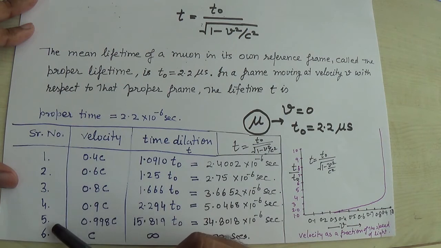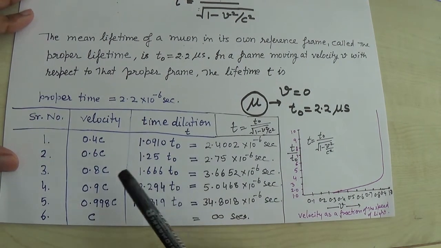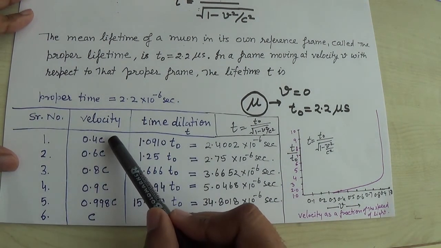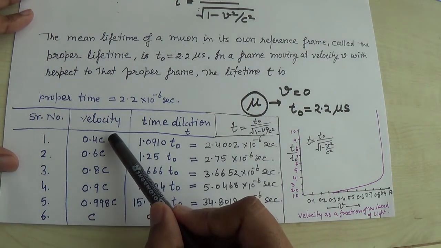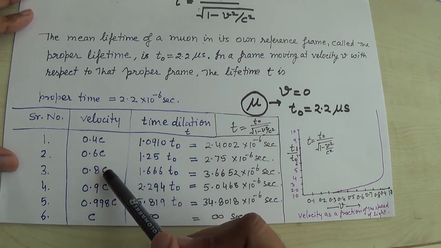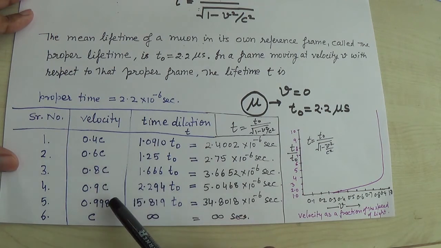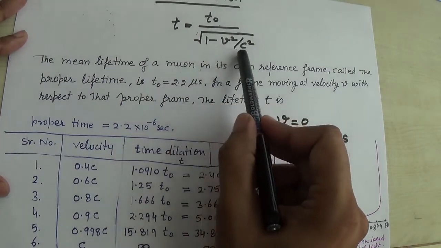I have selected 6 cases here, and in these 6 cases I have varied the relative velocity: 0.4, 0.6, 0.8, 0.9, then 0.998 c, and then v equal to c. We will see what happens if we vary the relative speed in the time dilation formula.